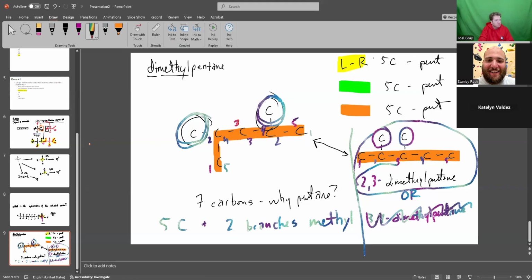This is 2,4 dimethylpentane if we start from the left-hand side, or if we start on the right-hand side, it is 2,4 dimethylpentane. Either way, we're giving it 2 and 4. Does that help?